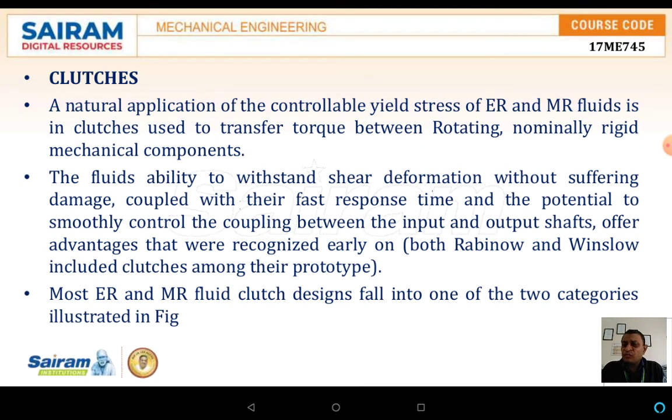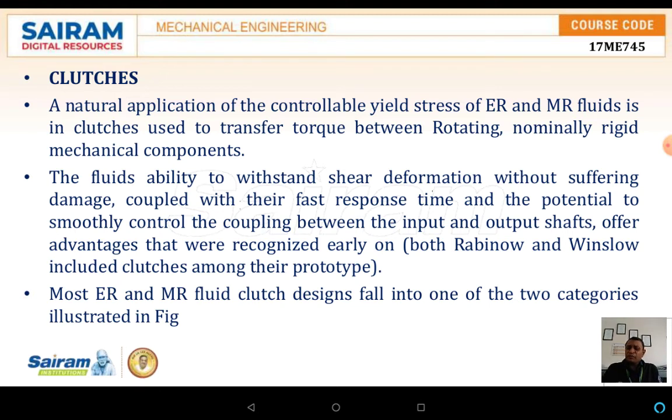The first example we are dealing with, with respect to the ER as well as MR fluid, is the clutches. The natural application of the controllable yield stress of the ER as well as the MR fluids is in clutches used to transfer torque between rotating and normally rigid mechanical components.